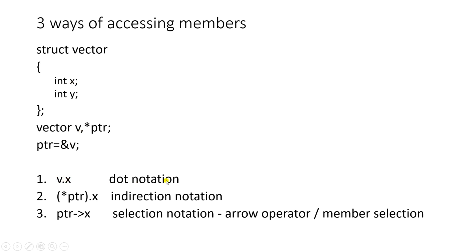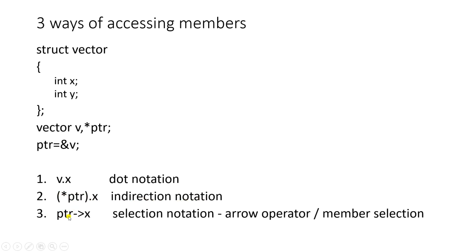This is called dot notation. Another method is using the pointer: star ptr within brackets, dot x. This is called indirection notation. And the third is using the pointer itself. Here you need not use the asterisk symbol.